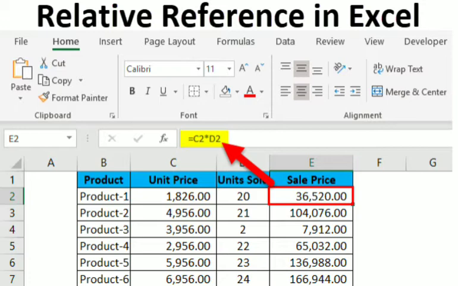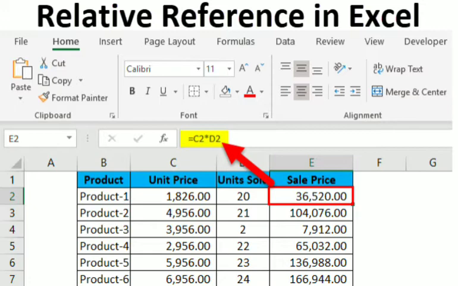The price of product 1 is 1826, and 20 units of product 1 are sold. So the total price of product 1 will be 36,520. How can we find that? Unit price multiplied by units sold.